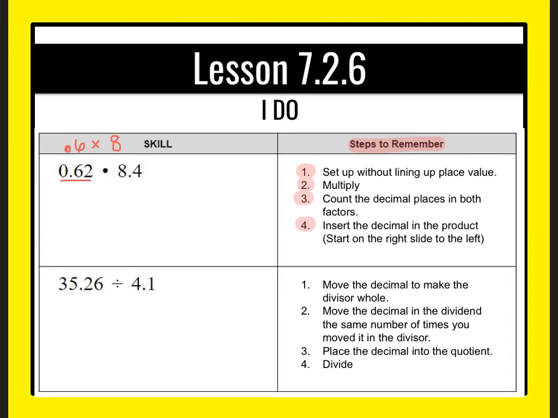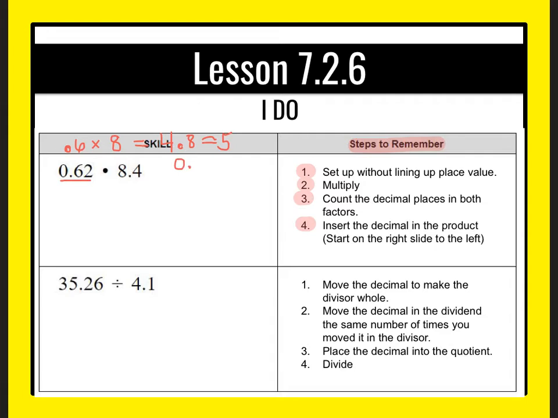And I know when I multiply 8 times 6, that's 48. But since I'm multiplying 8 times 0.6, that's going to give me 4 and 8/10, or 4.8, which is close to approximately 5.